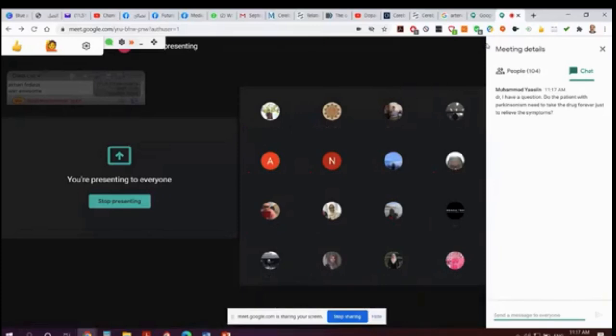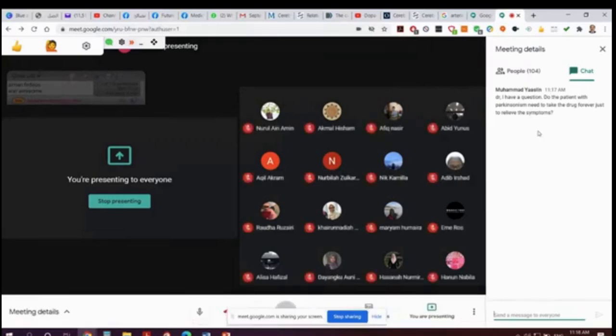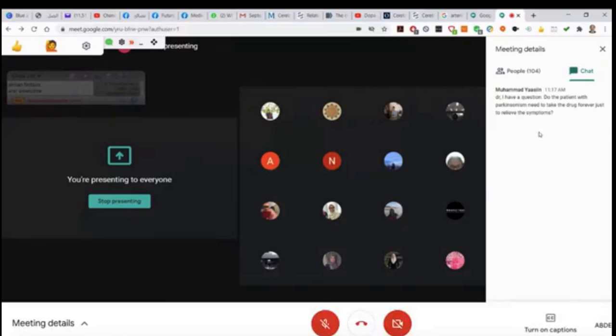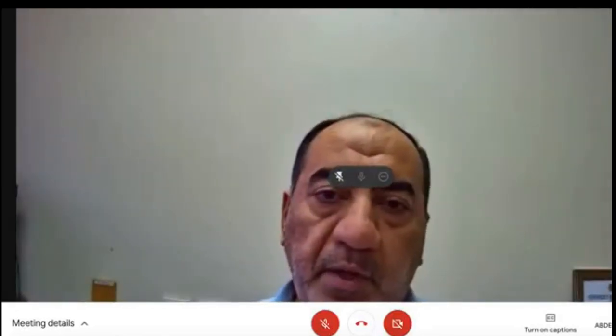There is a question from Muhammad Yassin. He says, Doctor, do patients with Parkinsonism need to take the drug forever just to relieve the symptoms? Unfortunately, this is the way it is. You may just switch one drug for another, but the patient cannot do anything.